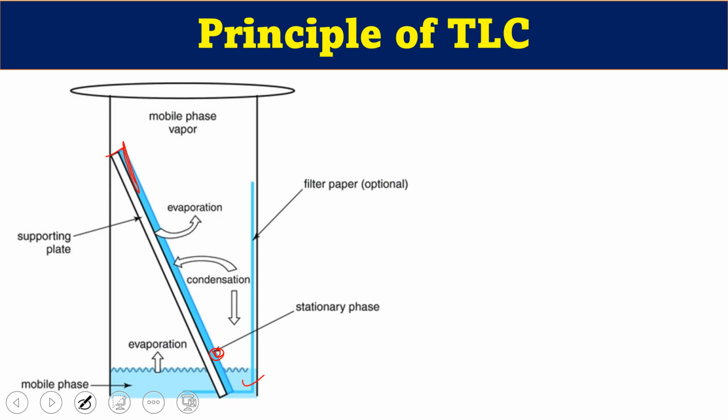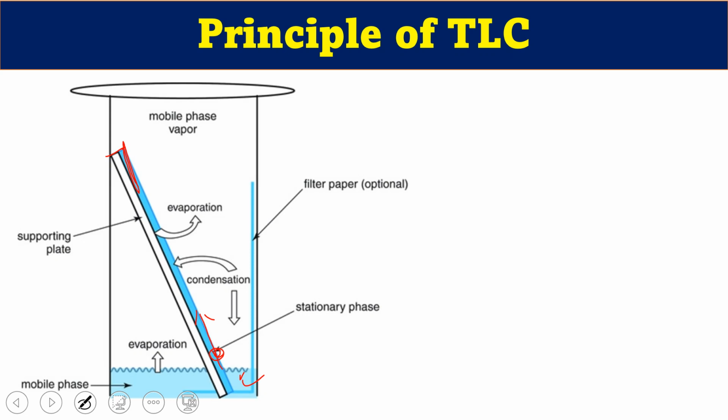As this solvent rises up because of capillary action, depending on the affinity and the partition, the compounds move differently, and as they move up to different spots, they are separated on this plate, and that can be visualized as different spots by different techniques.